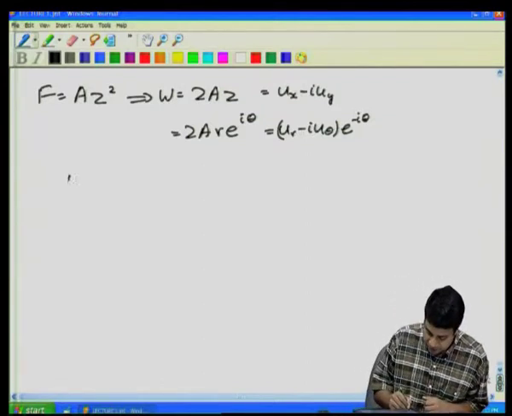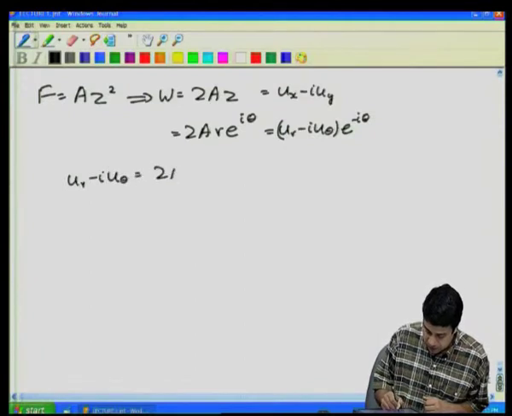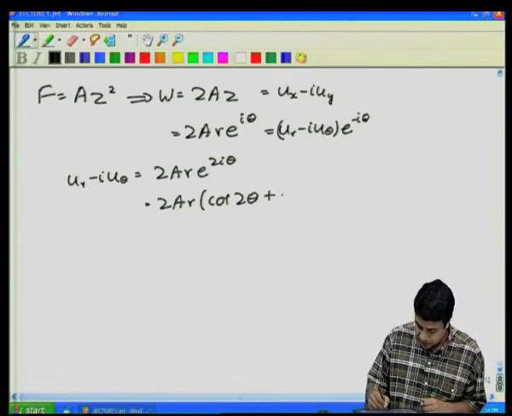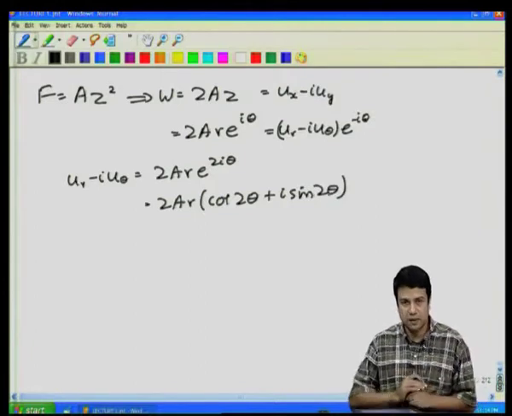So, therefore, I find that u_r minus i u_theta is equal to 2a r e^(2i theta), which is equal to 2a r into cos 2 theta plus i sin 2 theta.